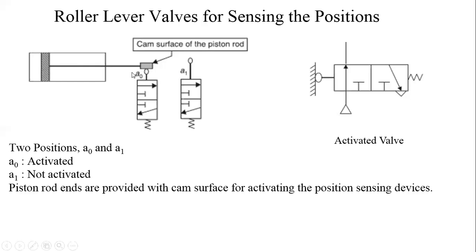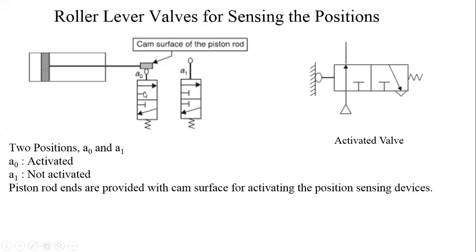So how is that done? You can see here. This is a roller lever valve. This is again a roller lever valve. There is a cam surface at the end of the piston rod. This is the piston, this is the piston rod, and this is the cam surface at the end of the piston rod. So when it comes here, this cam surface touches the roller lever, and therefore it is actuated.